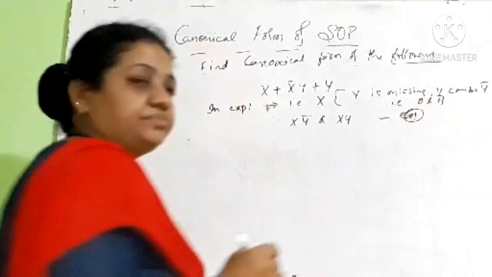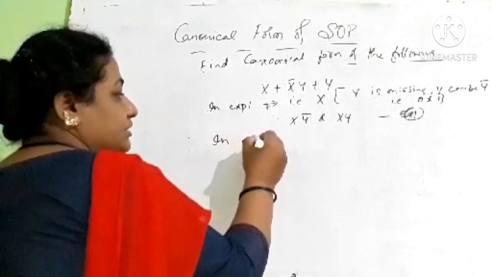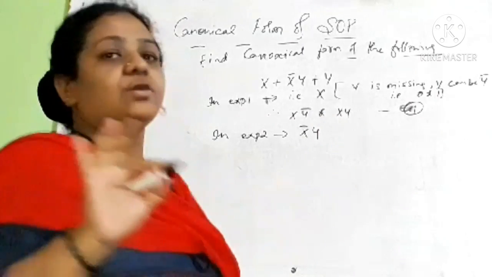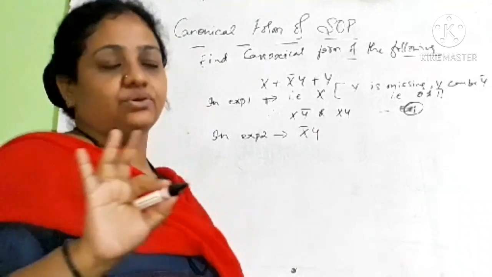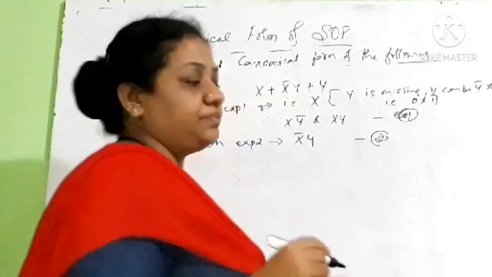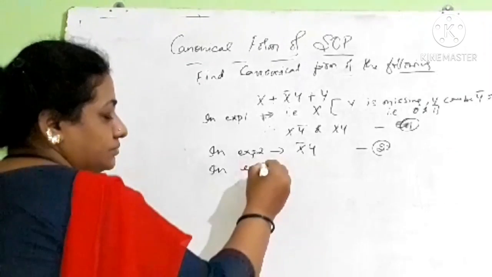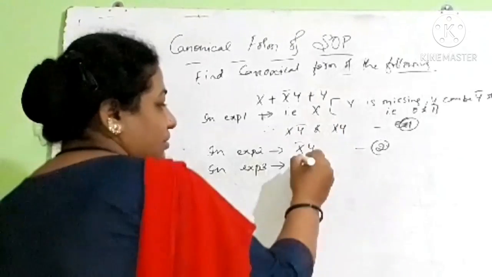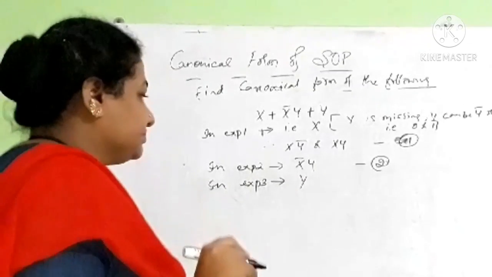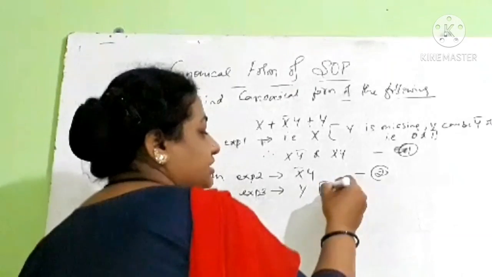Now in expression 2, that is x bar y, both the variables are represented, so we need not change anything. Now, let us take expression 3, that is y. In expression 3, what is missing?